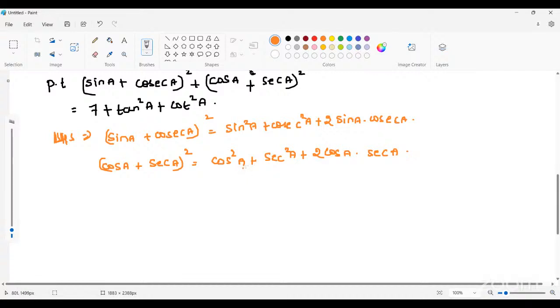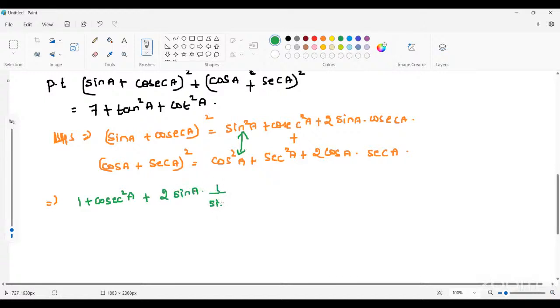Alright. So we have to just add these two. When you add, what do you get? Here I'm changing the color. See these two, what happens? Sin square A plus cos square A becomes 1, plus cosecant square A, plus now here we have 2 into sin A. What is cosecant A?